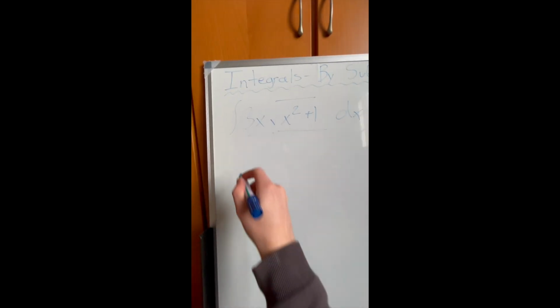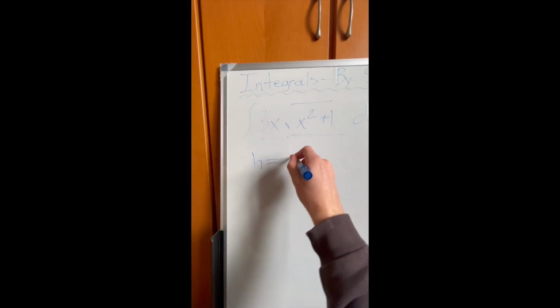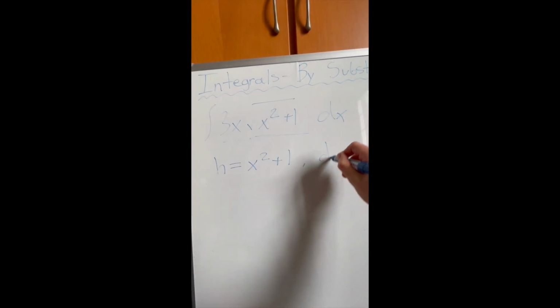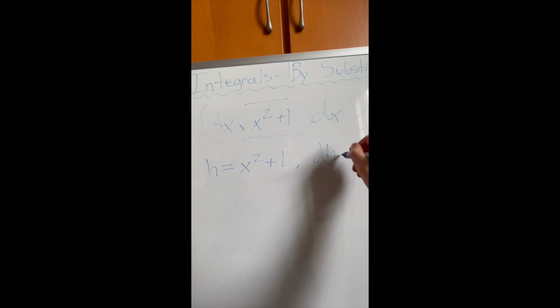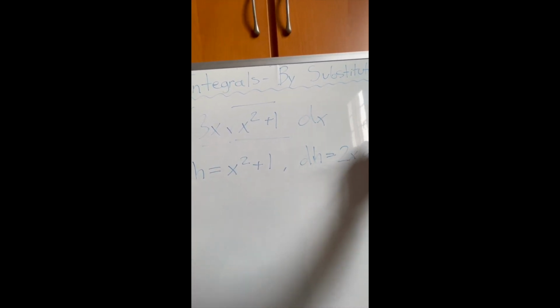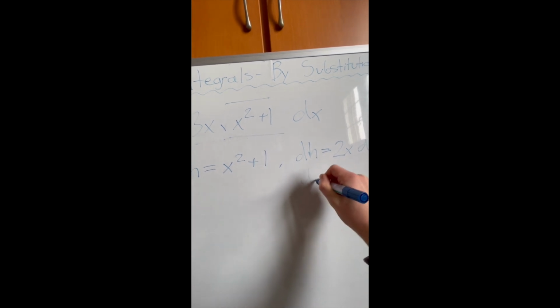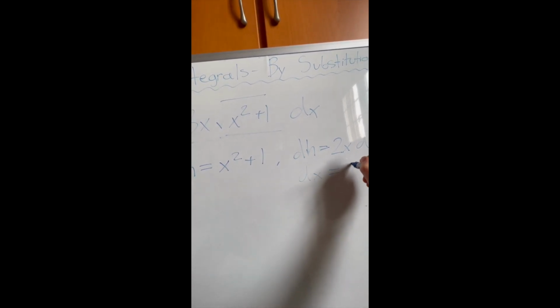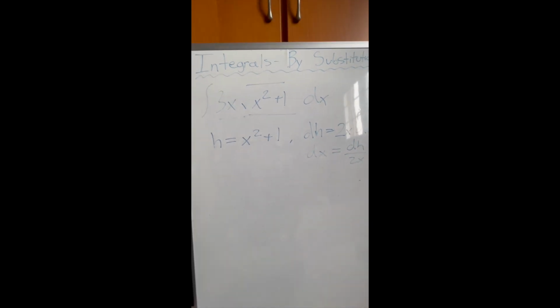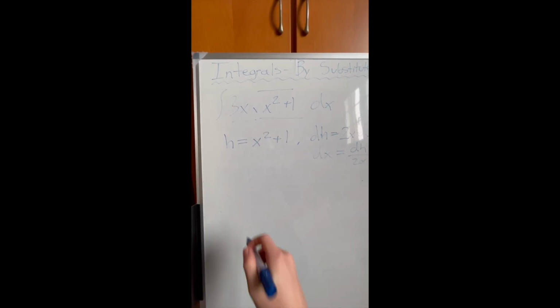So let's do the following. h is equal to x squared plus 1. Therefore, dh, the derivative, is 2x dx, and therefore dx is equal to dh over 2x again.